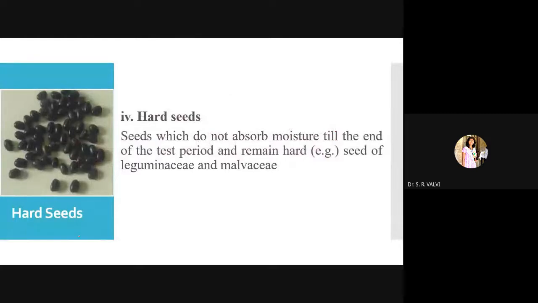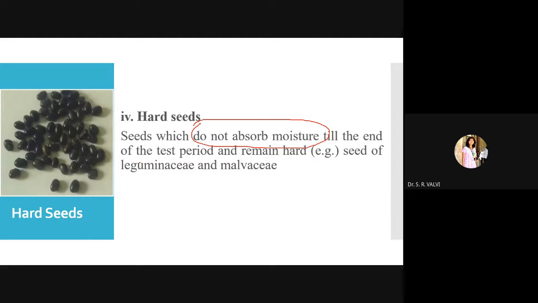The next, hard seeds. Which seeds are called hard seeds? See here, the seeds which do not absorb moisture are called hard seeds. Suppose we are having the germination test, which is of 2 to 3 weeks.